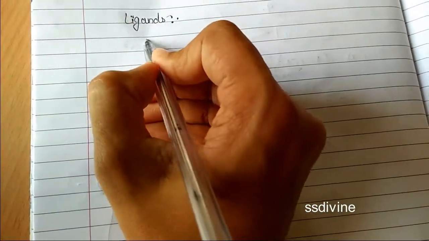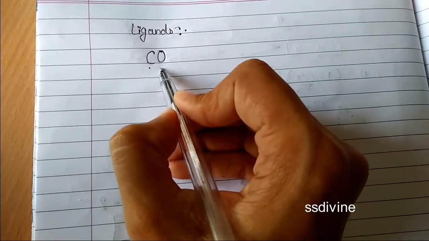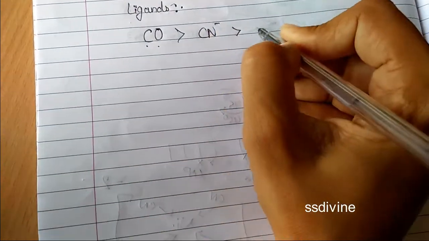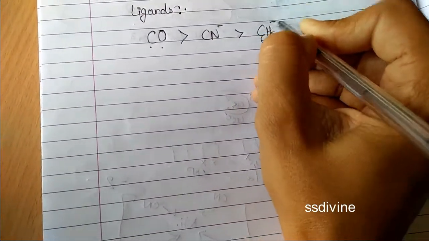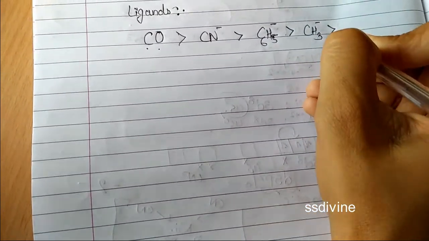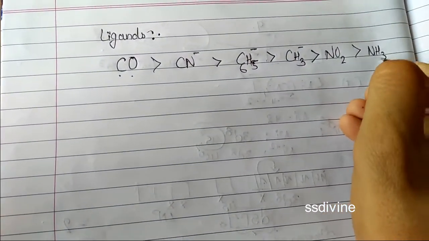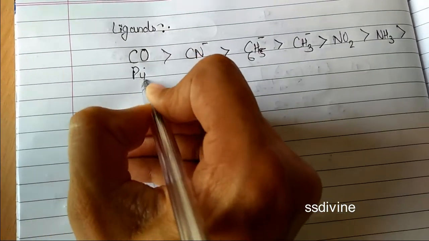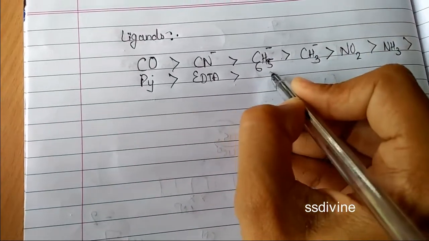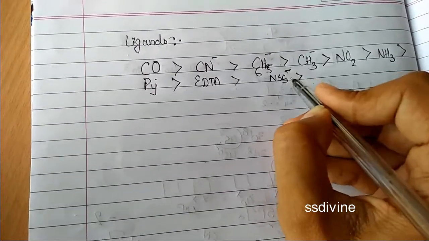So the strong field ligands are carbon donors, and the strongest ligand among these is carbonyl, CO, then cyanide, then C6H5-, then CH3-, then NO2-, NH3, then py, that is pyridine, then EDTA, then thiocyanate or isothiocyanate, sorry.